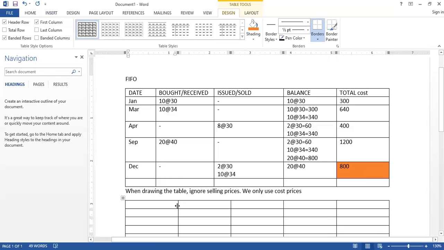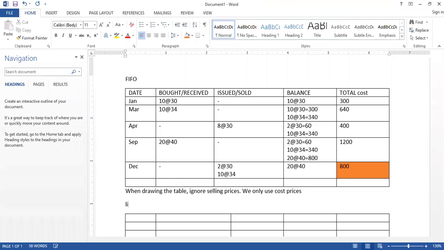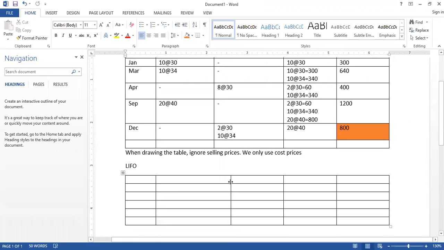Let me just draw the table. So the next one is LIFO. Last in, first out. So LIFO is just the opposite of first in, first out. And it's also very simple.